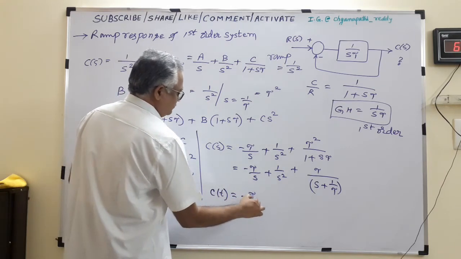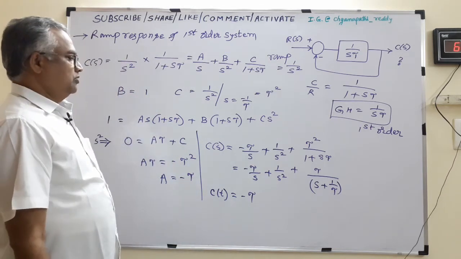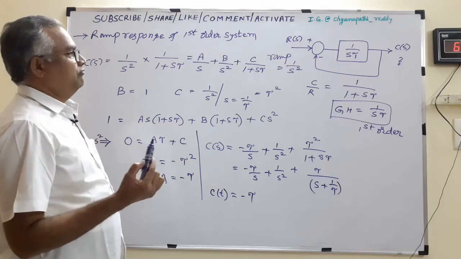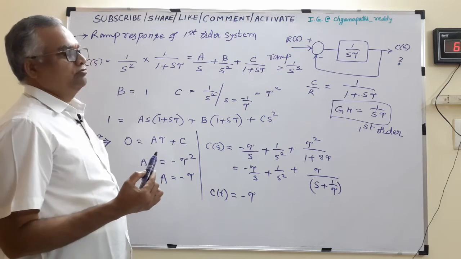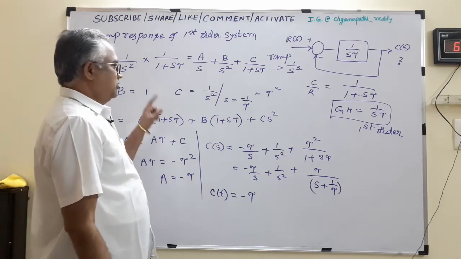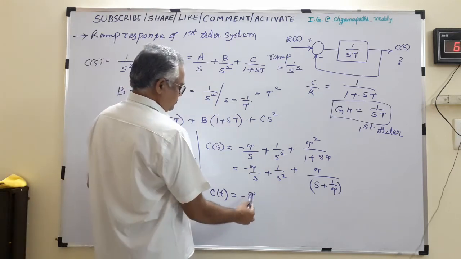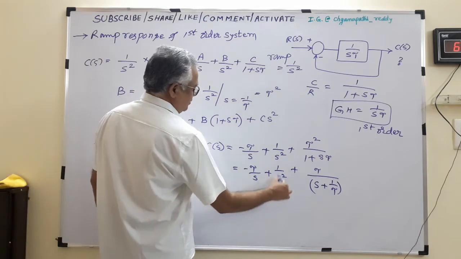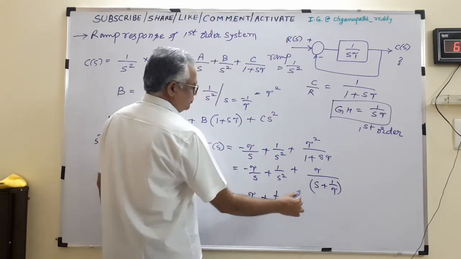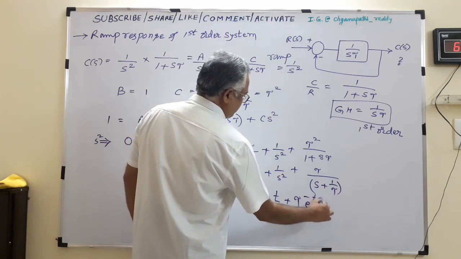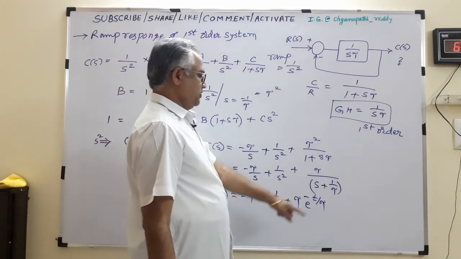This whole subject is based on Laplace transform. I have done one video on Laplace transform, that is, I think, lecture number 52. Refer to that, refresh. Those formulas are useful. So minus tau plus 1 by s square is t, plus tau e power minus t by tau. So this is C of t, the response.